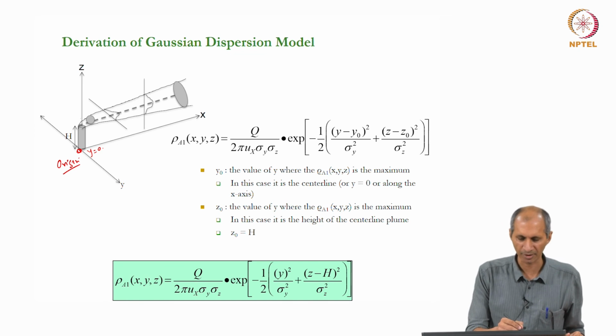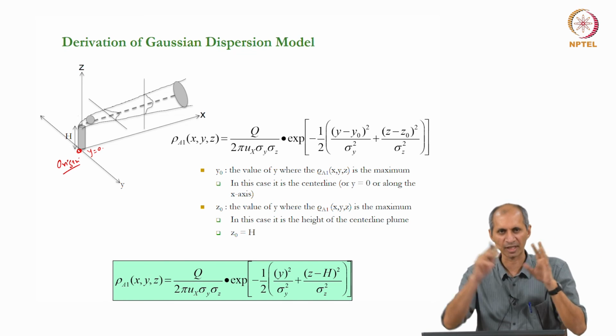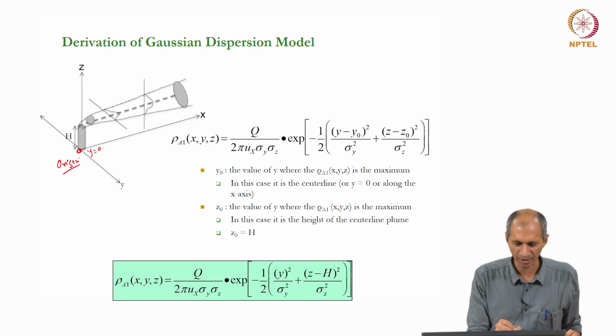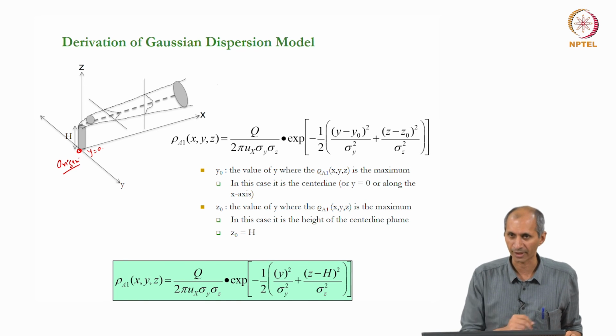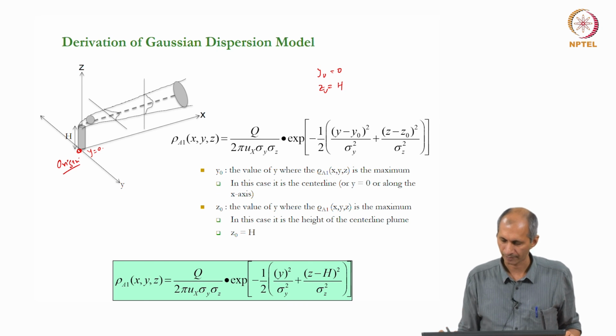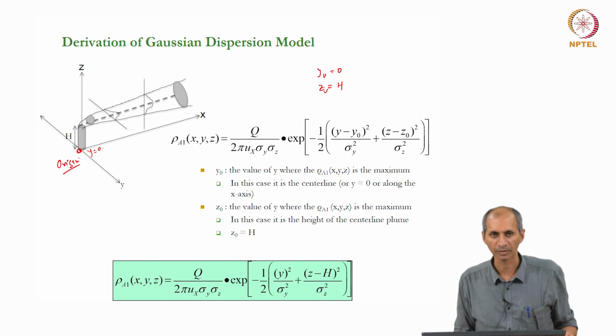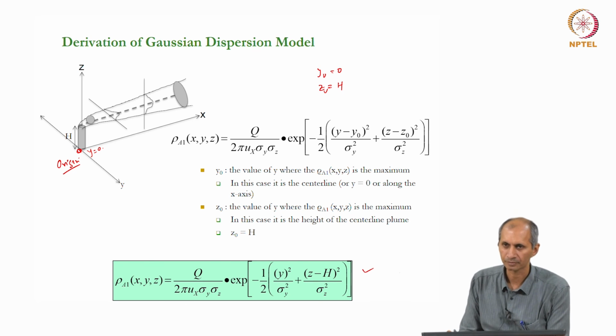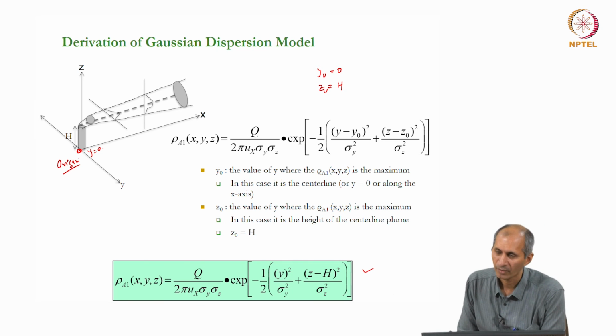Let us say there is a chimney that goes to a certain height, and that is where the emission is occurring. So, you expect the highest concentration to occur at that point. Therefore, in this case y0 equals 0 and z0 is the height. So, this equation modifies itself and becomes z minus h, where h is the height of your source.